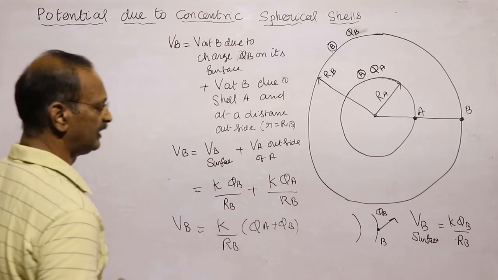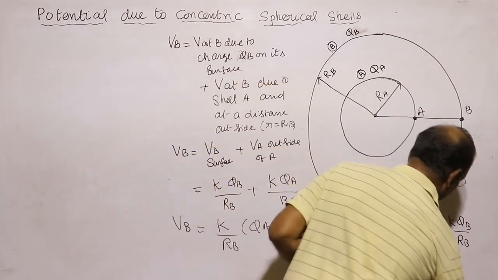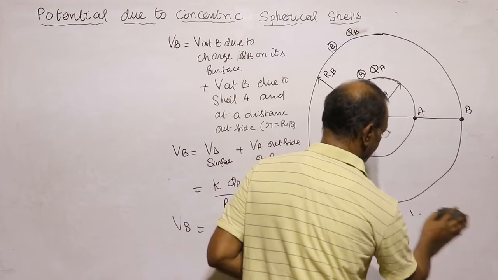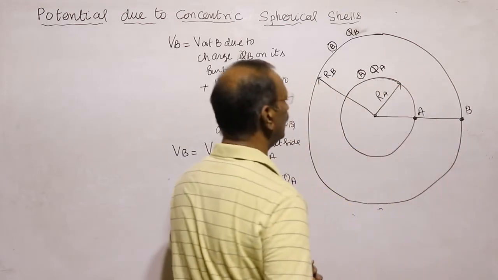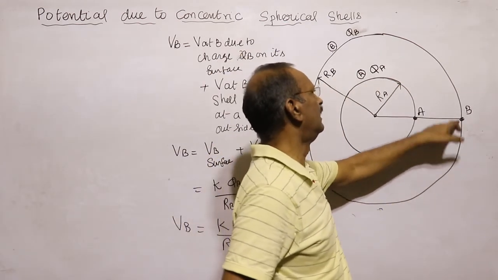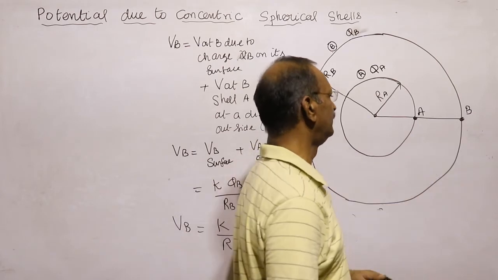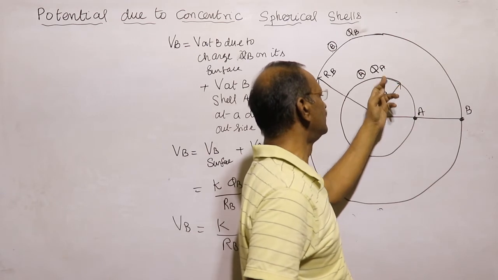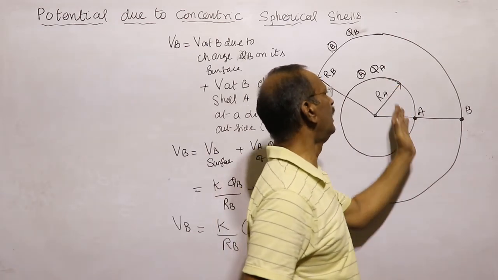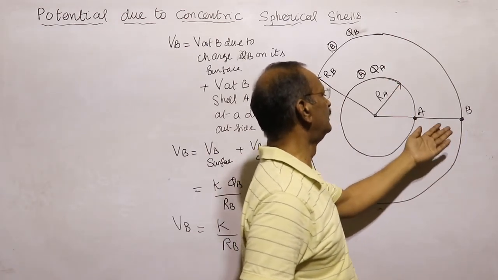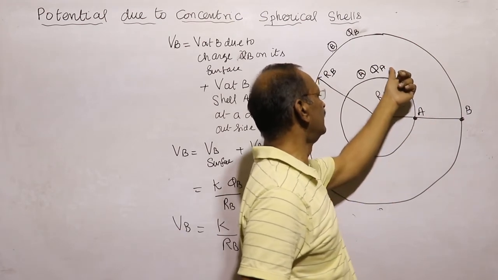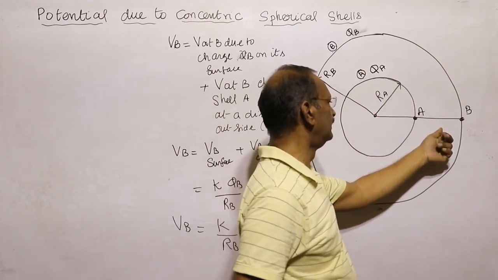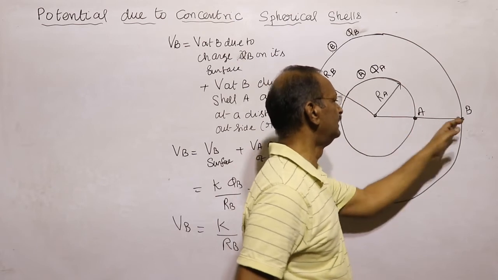Now let us talk about potential at A. What is the potential at A due to these concentric shells? Very simple. How to calculate? VB means this: due to its surface it will have a potential, and because of this shell which is charged, and this point is outside the shell, we have to put the potential due to this charge of the shell divided by that distance outside, that is RB.